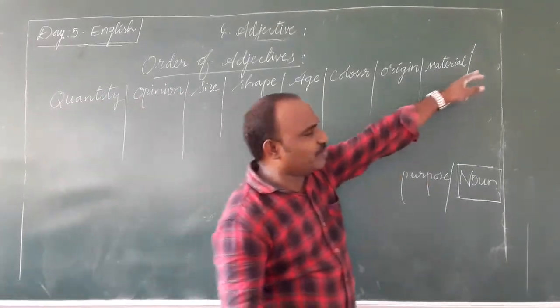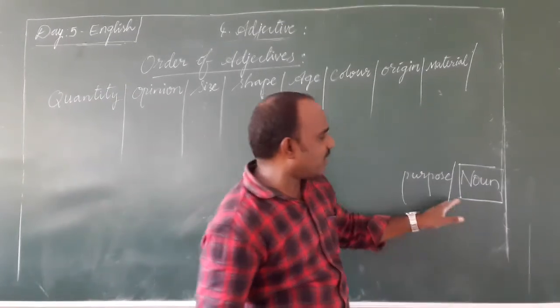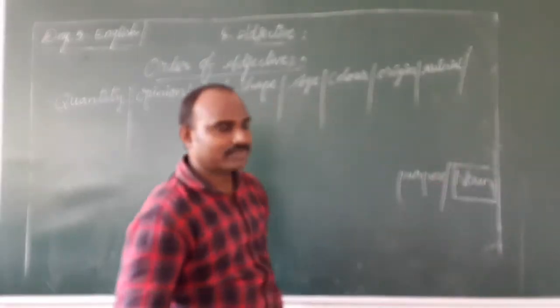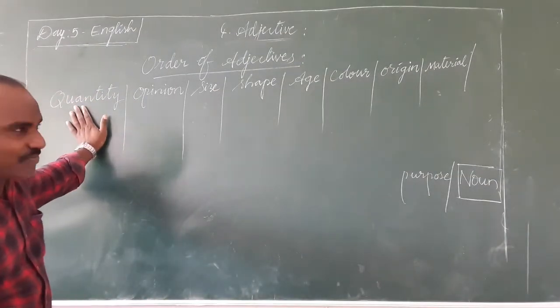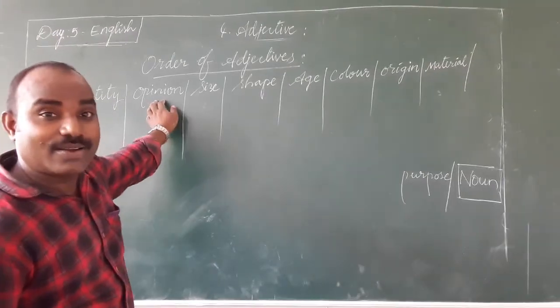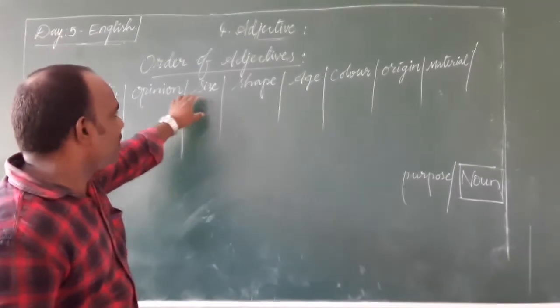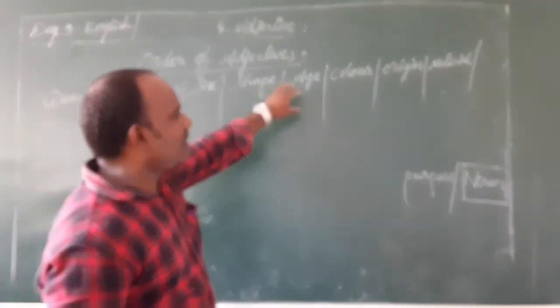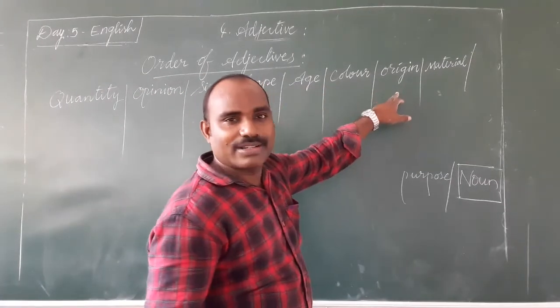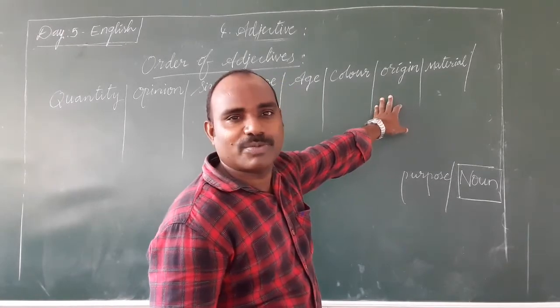Since there is space here, I am writing here, but you should write it in order. First, the quantitative adjective. Next, opinion, which means the qualitative adjective. Next, adjectives that belong to size. Next, shape, age, color, origin. Origin means here the birthplace.